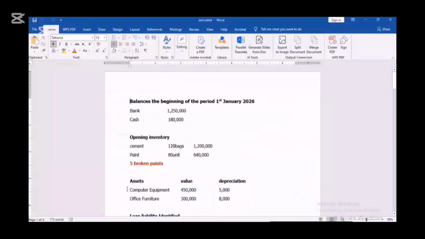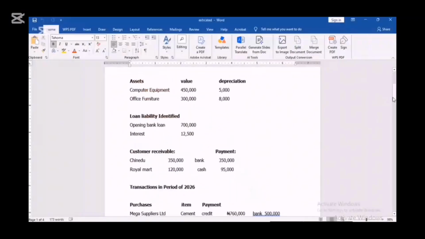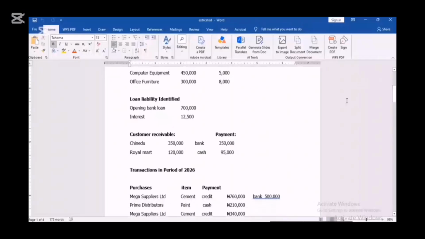So let's move to the next. So we've done this bank statement and cash, then our opening inventory. Then we're done with our asset, the computer and office furniture. So the opening balances of loan and interest, we've done that. So the next is the customer.